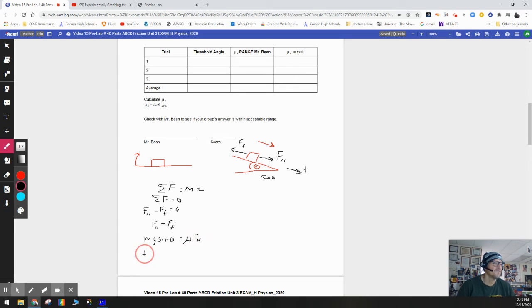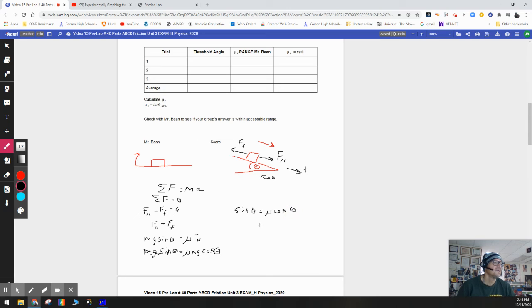That normal force is going to be mg cosine of theta, because we're on an angle here. Now we look at this and see that the mg's are going to cancel out, leaving just sine of theta equals mu cosine of theta, like so.